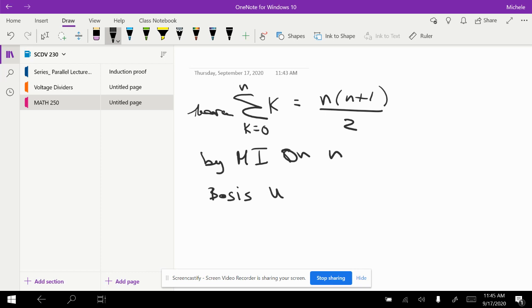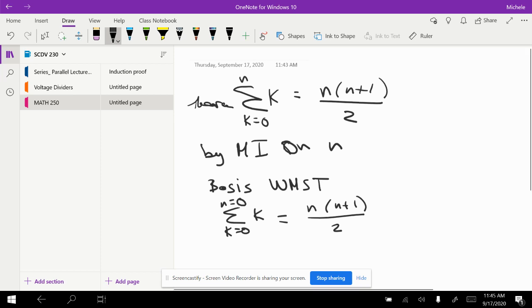We must show that the sum from k equals 0 to n equals 0 of k is equal to n times n plus 1 over 2. Okay, so that's our basis.